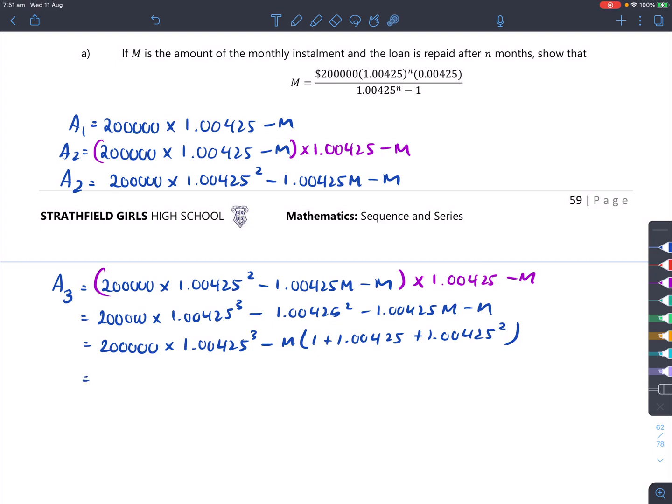Then we can find out what a_n is basically.